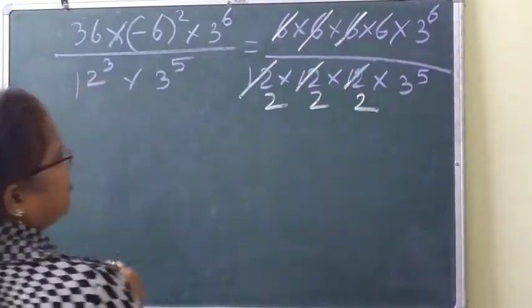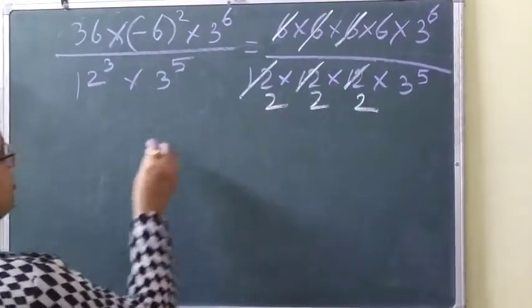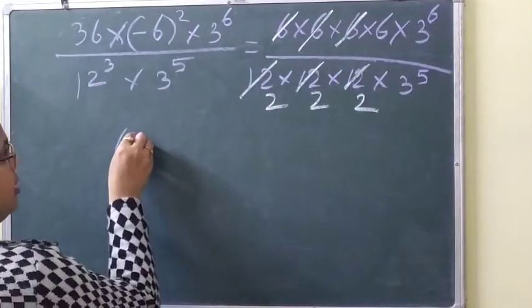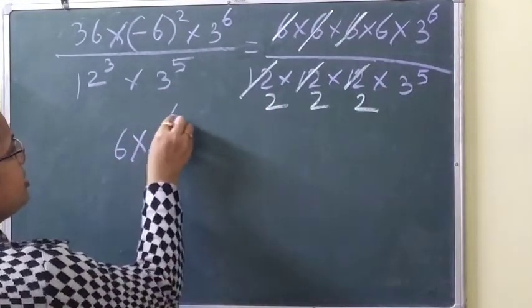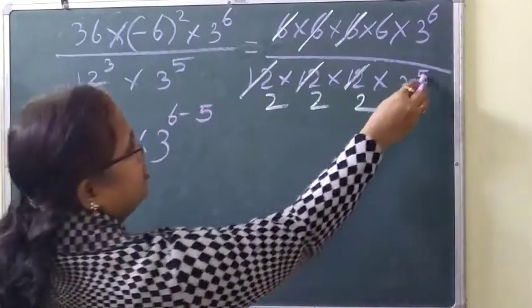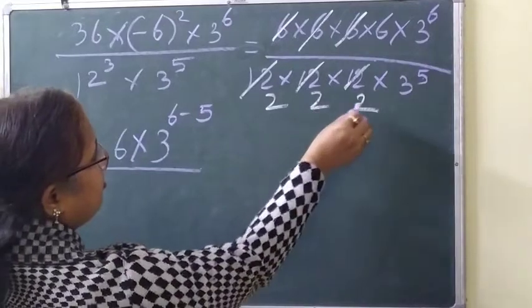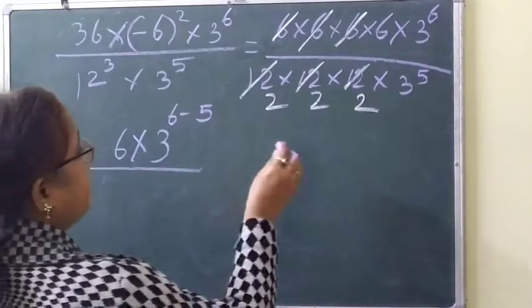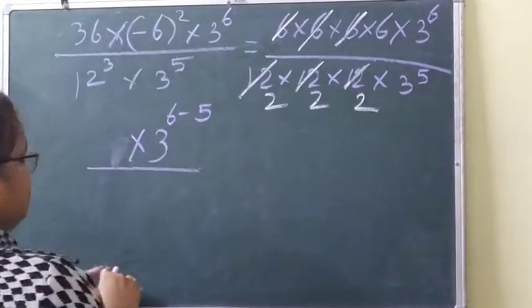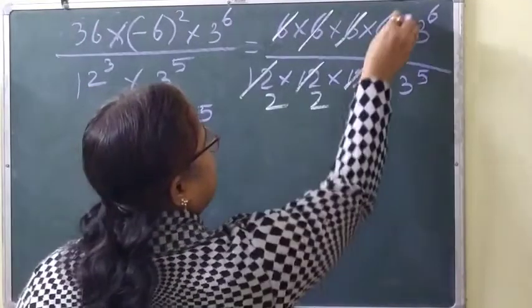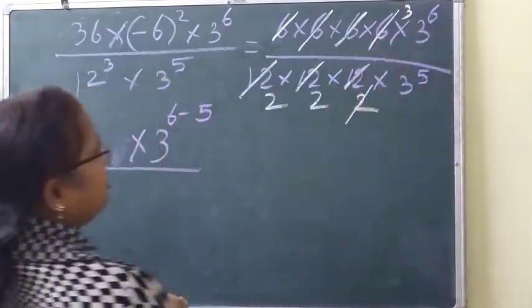Okay, so what is left here? 6 into 3 to the power 6 minus 5. This 5 will come here. Clear? And 2 to the 4, 4 to the 8, again we can cut. Yes, again we can cut here. 2 3s are 6. Clear?